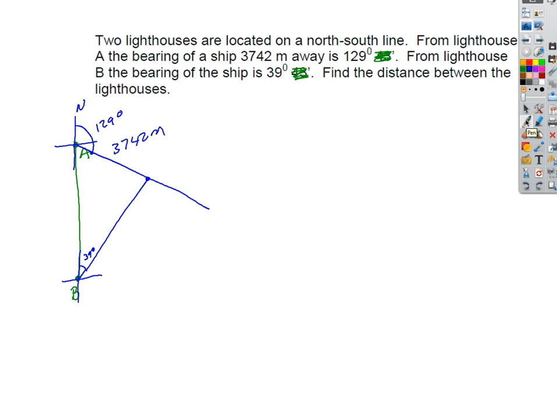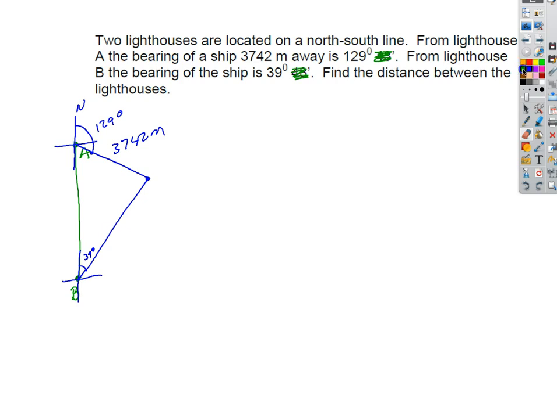Notice that my line here that I first made is a little bit longer. That's because I just didn't know how this 39 degrees would look. So I just draw it and erase it. That's 3,742 meters right there.